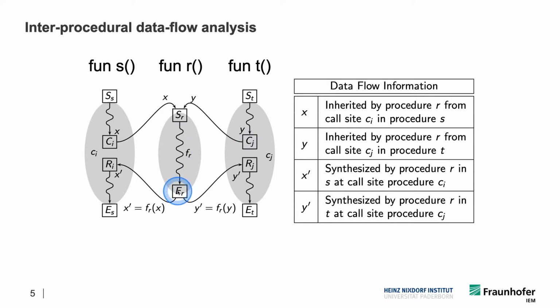So basically we get X or Y as an input here, and then we apply FR, which gives us FR of X resulting in X prime and FR of Y resulting in Y prime. And then these data flows respectively are being propagated as synthesized data flows back into the respective calling contexts. Okay, so this is a synthesized flow that basically tells you at this program point here what is actually the effect of having called procedure R at this particular call site here.